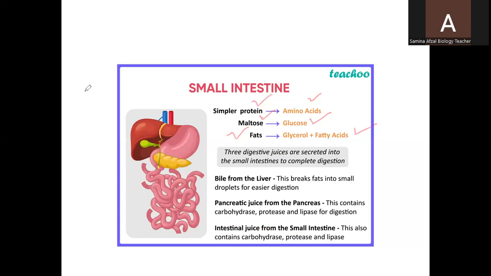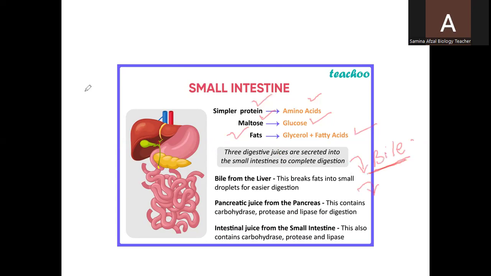As well as in the small intestine, the secretion of the liver, which is called bile, enters through the bile duct, and the secretion of the pancreas enters through the pancreatic duct.